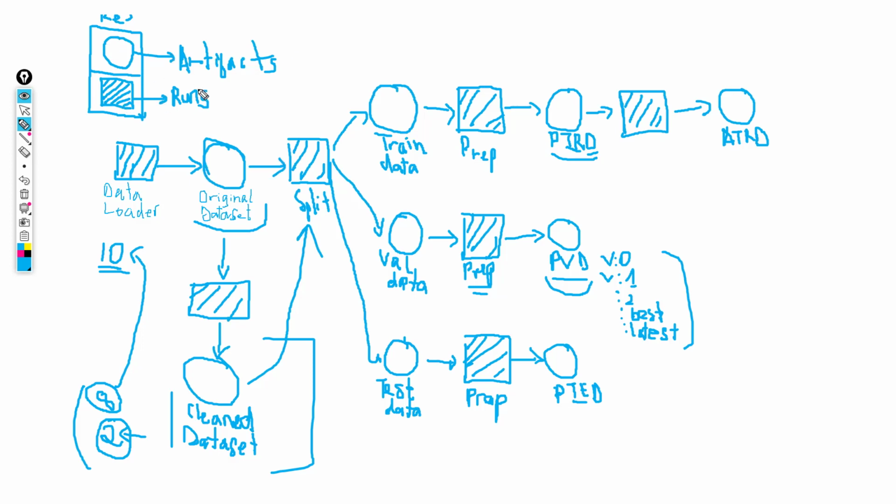Also, we see that the artifacts are connected together by these different runs. So these 2 artifacts, the training data and the original data set, have been connected together by the split run. And then the pre-processed data and train data are connected together by the pre-processing run.